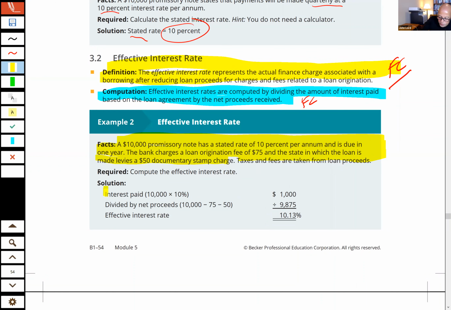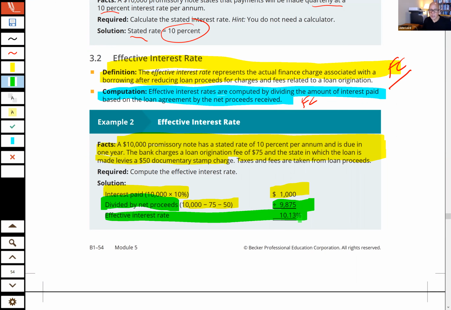So we have interest paid of $1,000, and then we're going to divide that by, and notice we have to subtract out those fees to get the net proceeds, and then that gives us the effective interest, because we didn't get the full 10,000, so it's not just the straight 10%, because we got less than the 10,000.